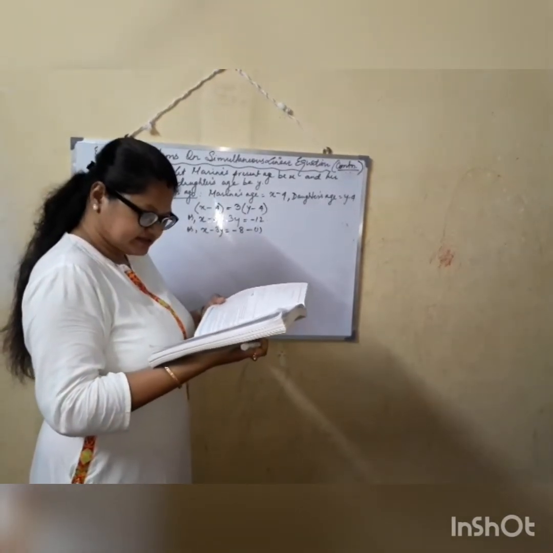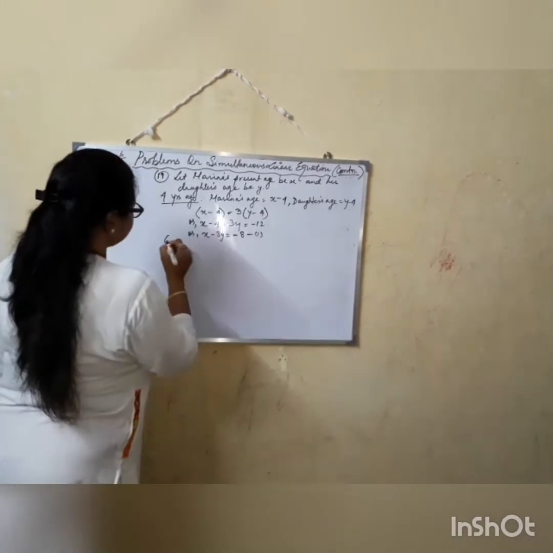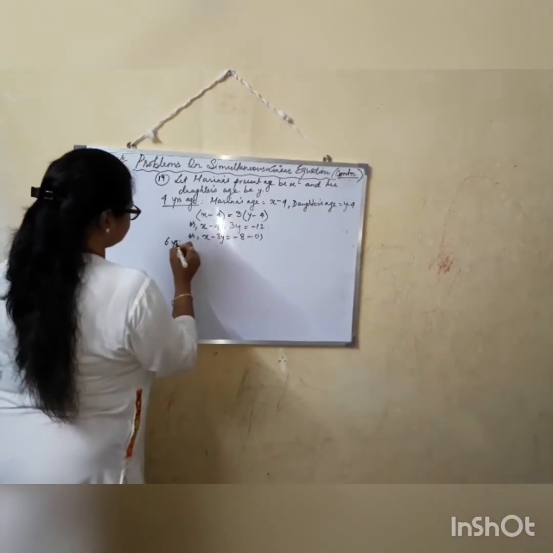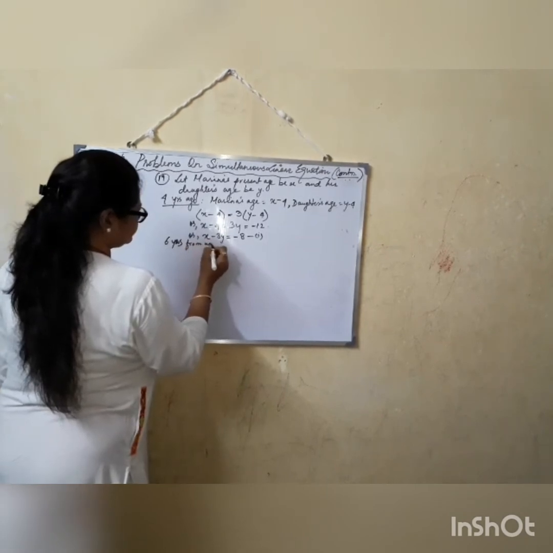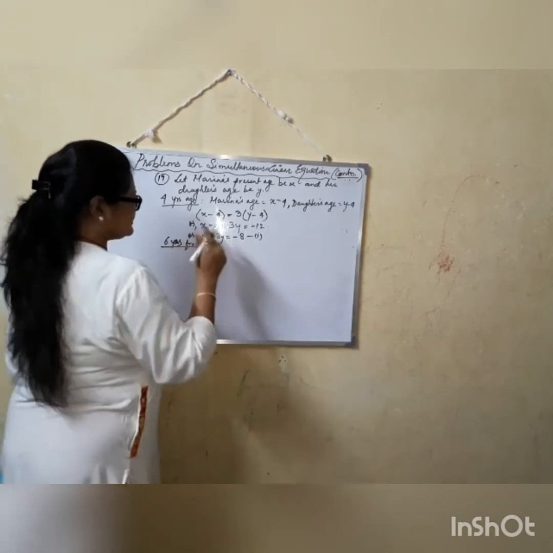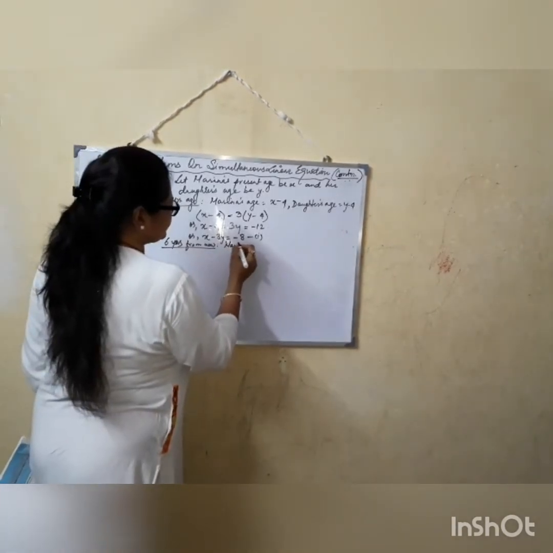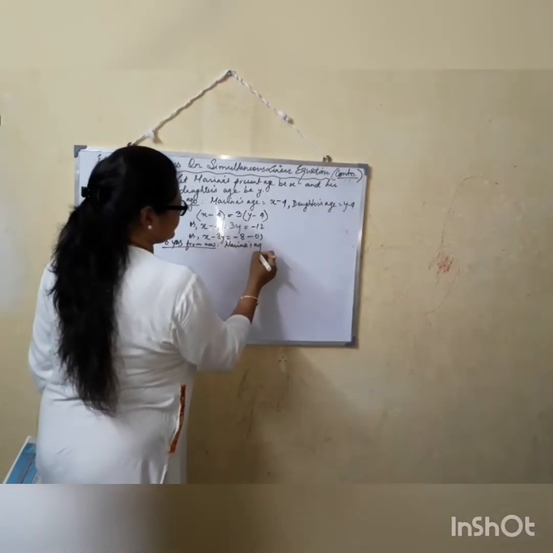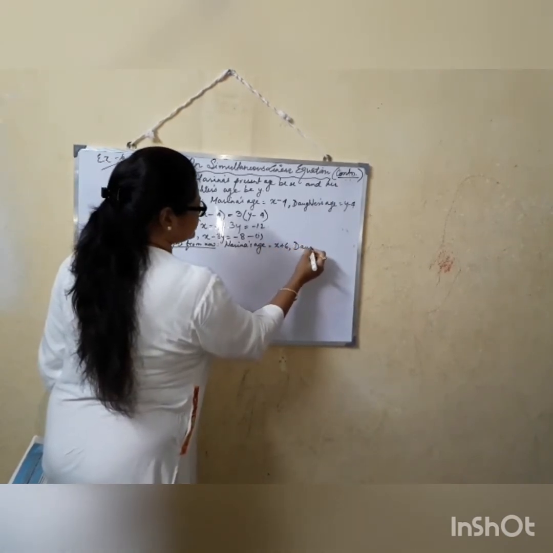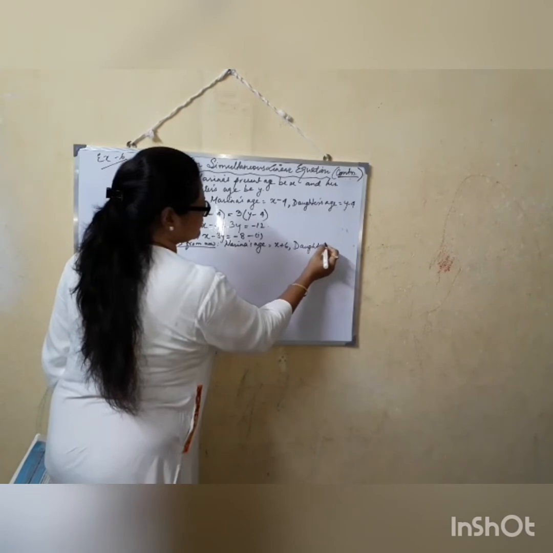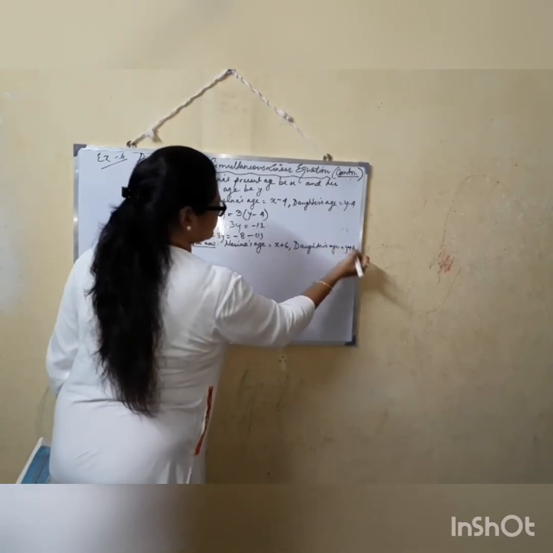Next condition states 6 years from now. So 6 years from now, that means 6 years in the future, Marina's age becomes, and the daughter's age becomes, okay.